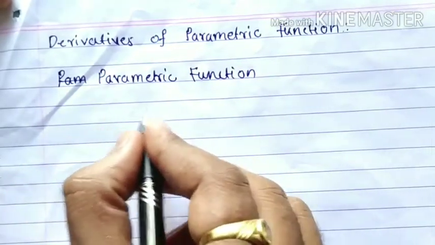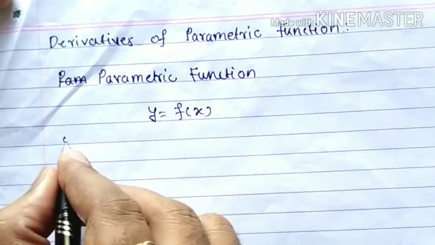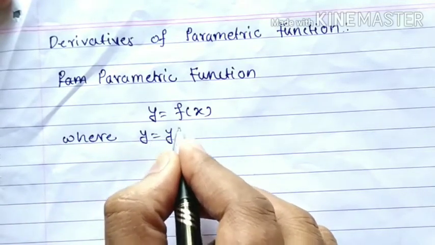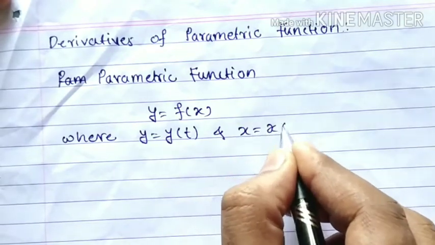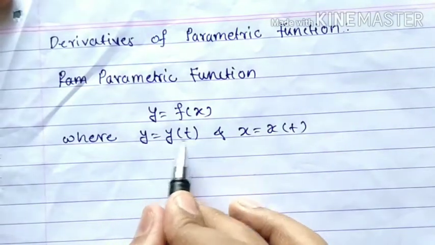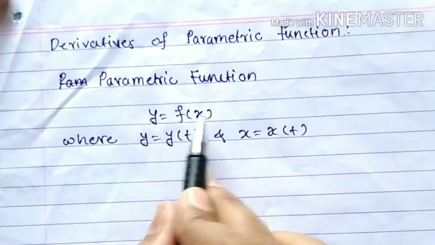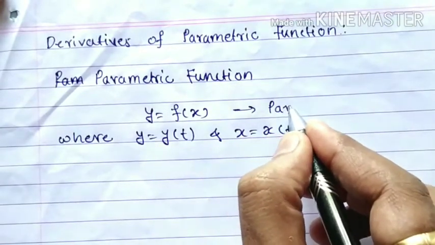When y equal to f of x becomes a function where y can be written in terms of another variable, suppose t, and x also can be written in terms of t. It means that y is a function of t, x is a function of t, but there is a relation between y and x, it is a function, then this function is called parametric function.